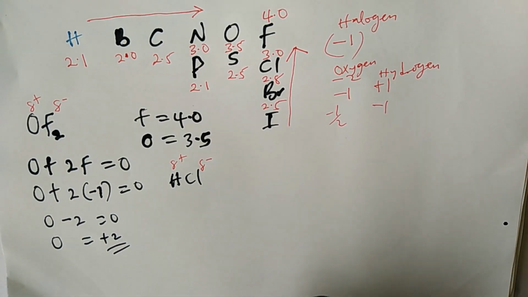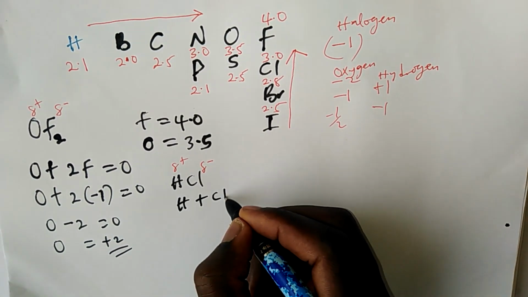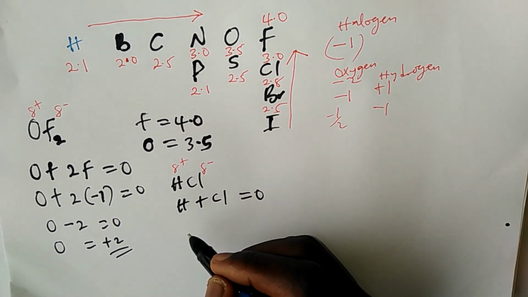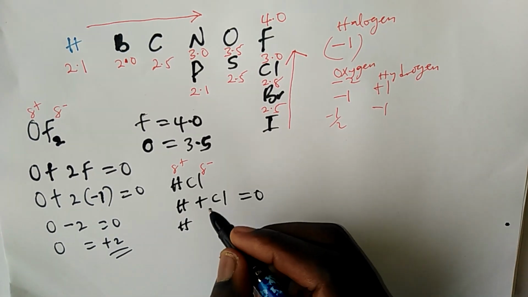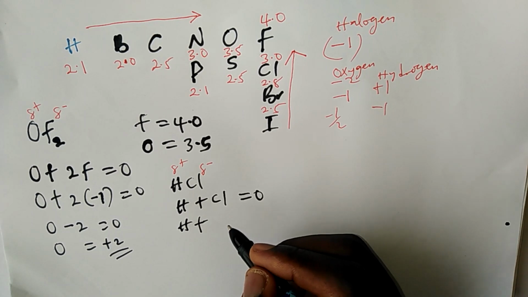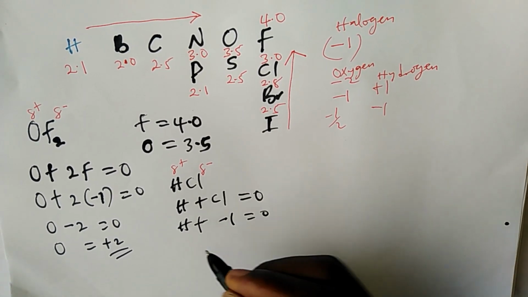Therefore, we say hydrogen plus chlorine is equal to 0. The overall charge is 0. So just put hydrogen plus chlorine. Chlorine is -1, like we said earlier. Hydrogen plus -1 is equal to 0.